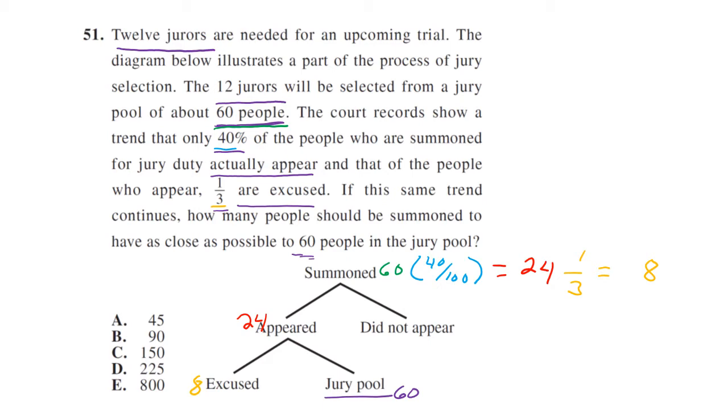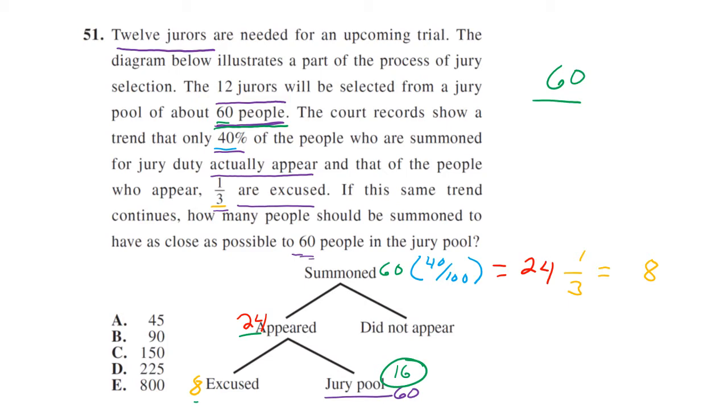Now, when we summon originally 60 people, we get into a proportion. When we summon 60 people originally, we end up getting a jury pool of 16, right? So 24 minus 8 is 16. So 16 is how many we have in the jury pool.